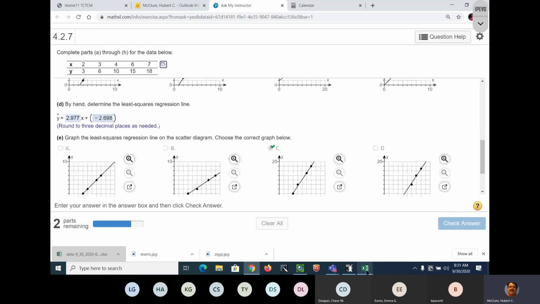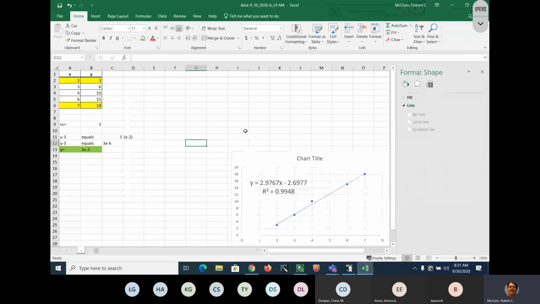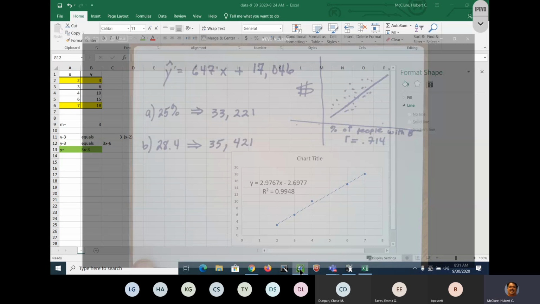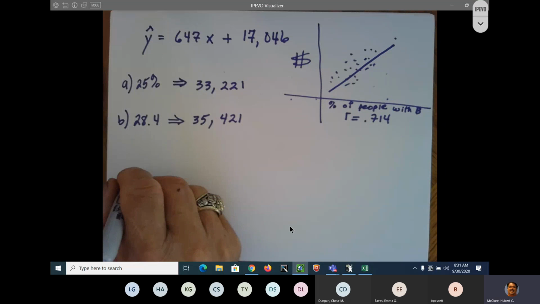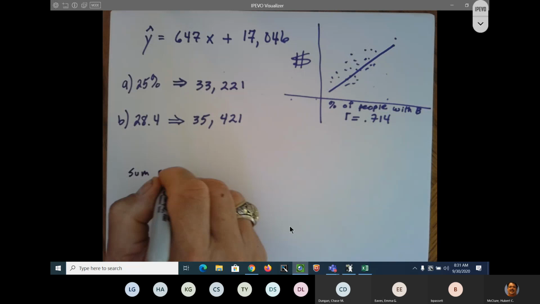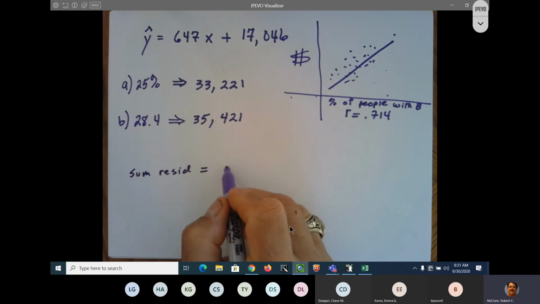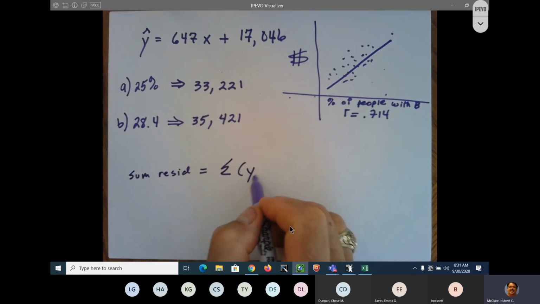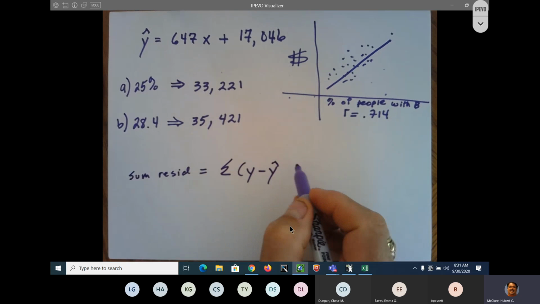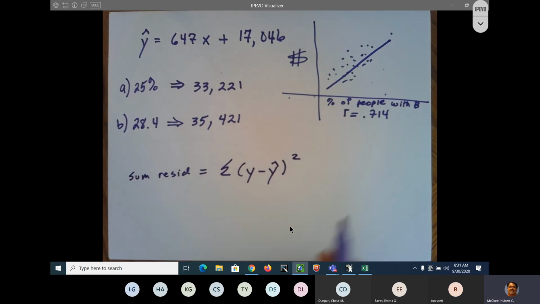Remember, the sum of squares of residuals equals the summation of (y minus y hat) quantity squared.